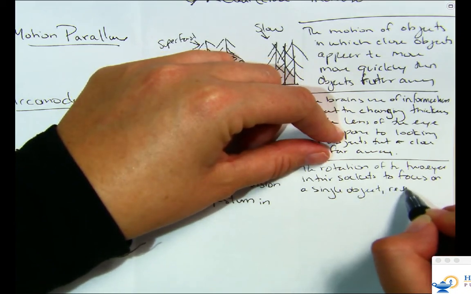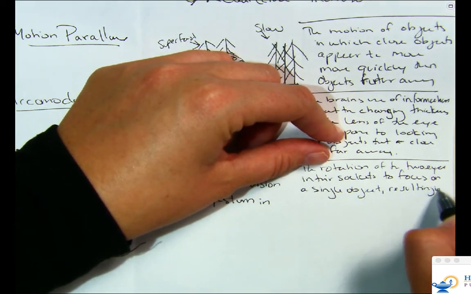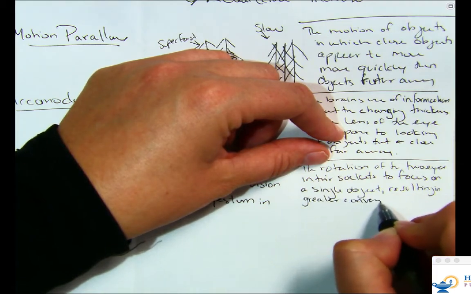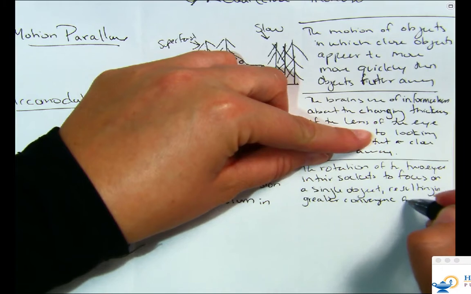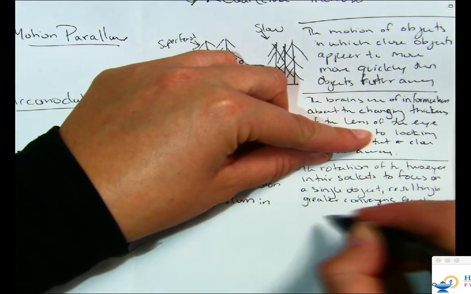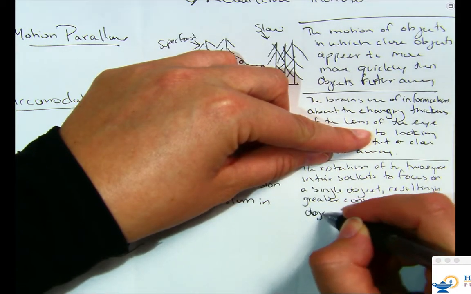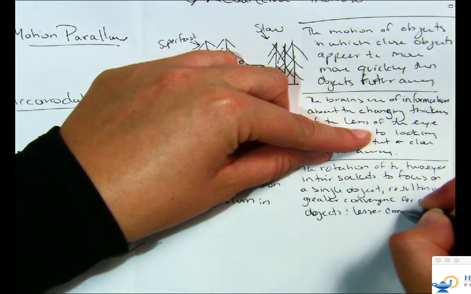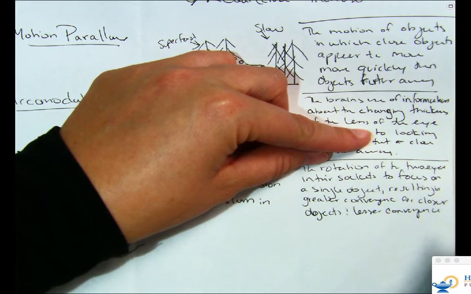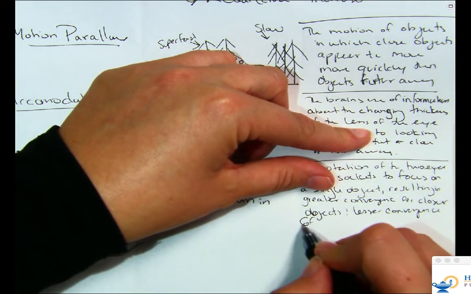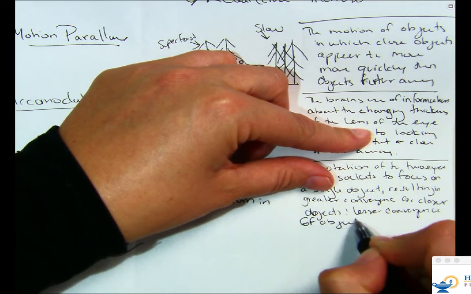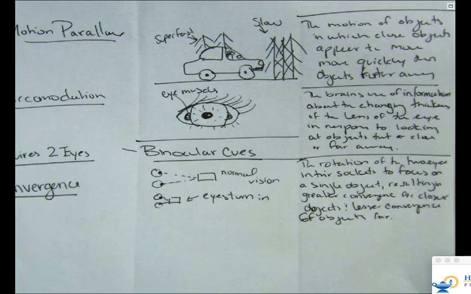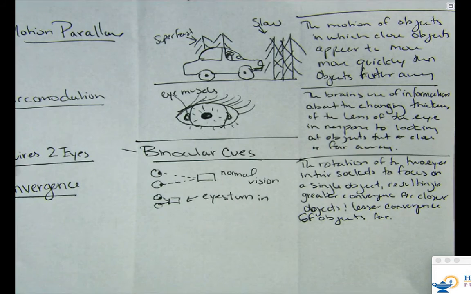Resulting in greater convergence for closer objects and lesser convergence for objects far. Okay. Then you have one more and that's it.